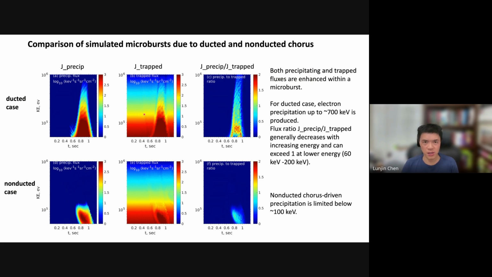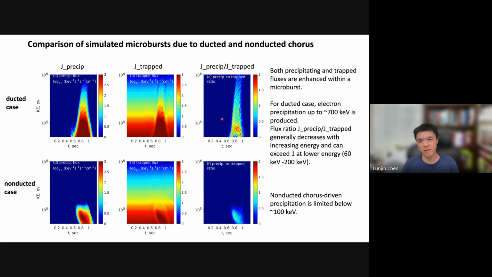That makes sense because as you scatter the particles into the loss cone in the magnetosphere, you tend to feed the flux at the lower pitch angle range. And at this altitude that can be inside and outside the loss cone. Yeah, and then the flux ratio. If you look at the flux ratio, it indeed decreases with increasing energy.